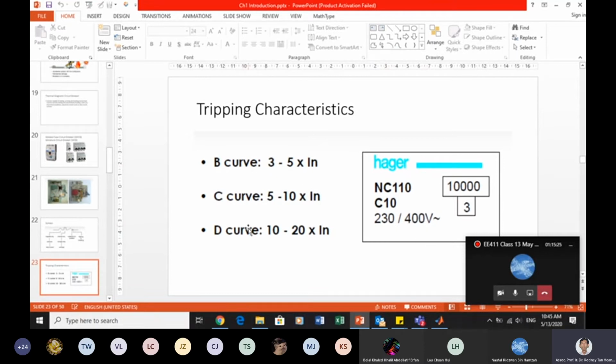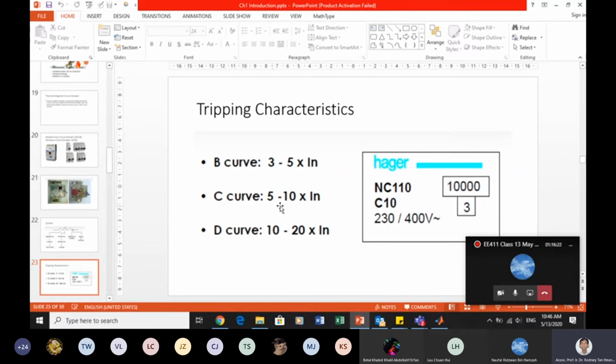Now, what are the differences of these curves? Curve C, 3 to 5 times, means that if we take this case as 10M, the short circuit will start at 5 times the rated current. 5 times means 50 amps, and it trips immediately. For the short circuit or the fault, anything below 5, 1X means 10 amps, so anything below 10 amps is okay, it won't trip.